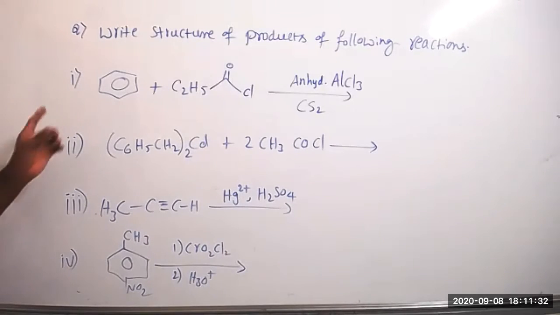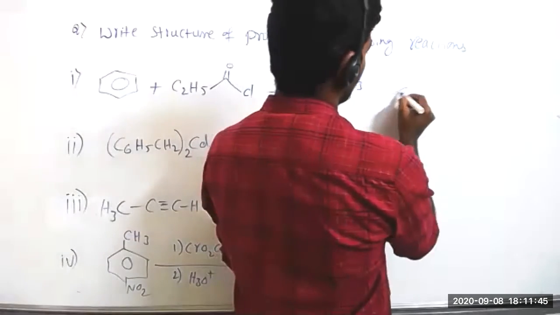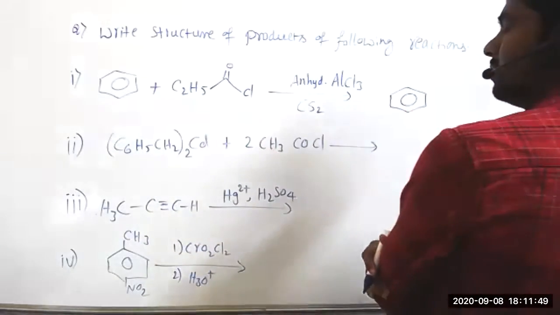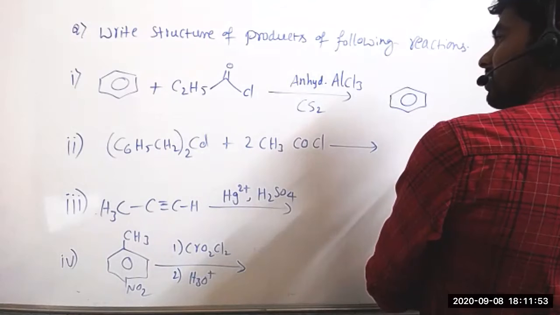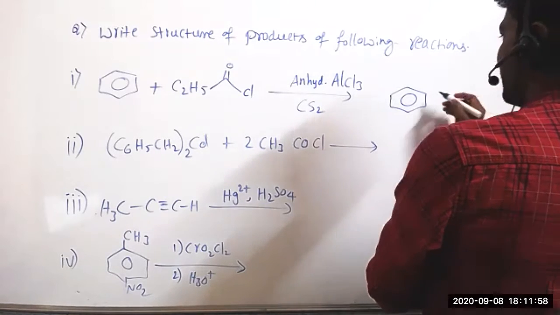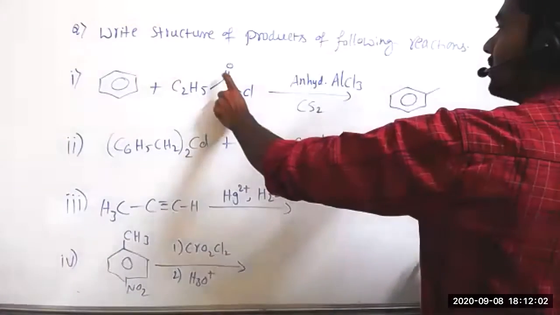Banu, tell me what is the product of the first reaction? So benzene with C double bond O, then C2H5.